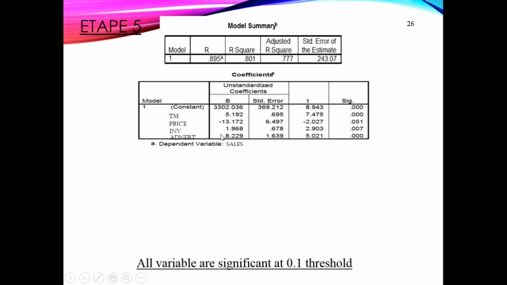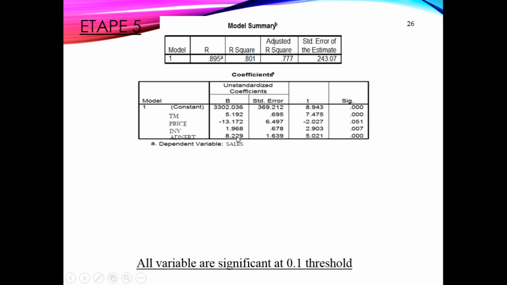We can act on investment, but for a variable like total market, a company cannot really influence it, because the total market is not defined by the company. The variables the company can act on are price, investment, and advert.